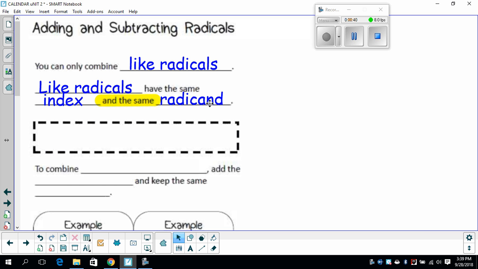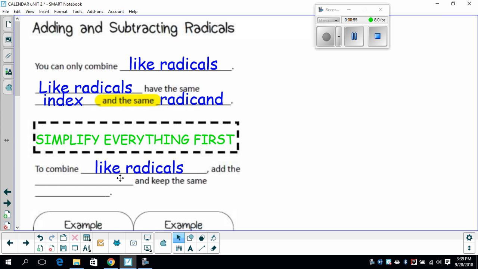So not only do they need to have the same type of radical symbol, but also what's inside the radical has to be exactly the same. So what we're going to do is simplify everything first, and then we're going to combine like radicals by adding the coefficients.